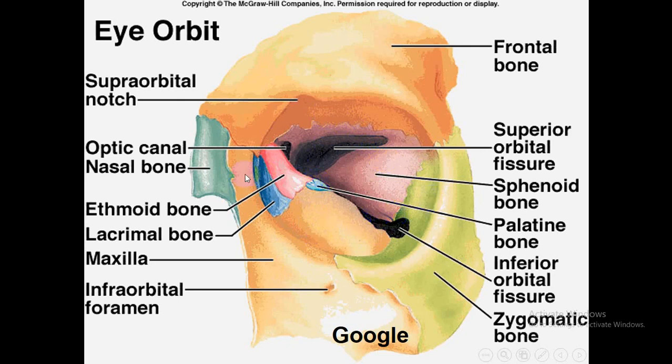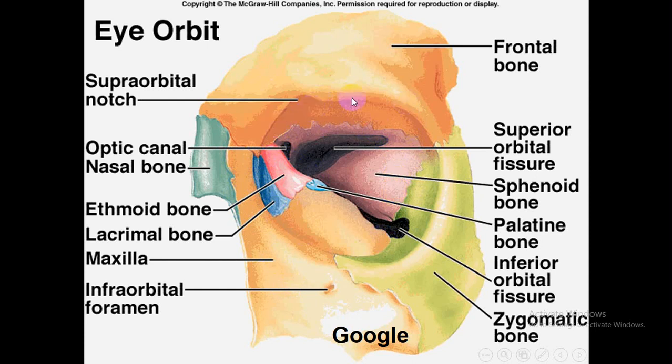Now the medial wall is formed by the frontal process of maxilla, the lacrimal bone as number 6, and the ethmoidal bone as number 7, and the body of sphenoid more posteriorly. So we have 7 bones forming the wall of the orbit.